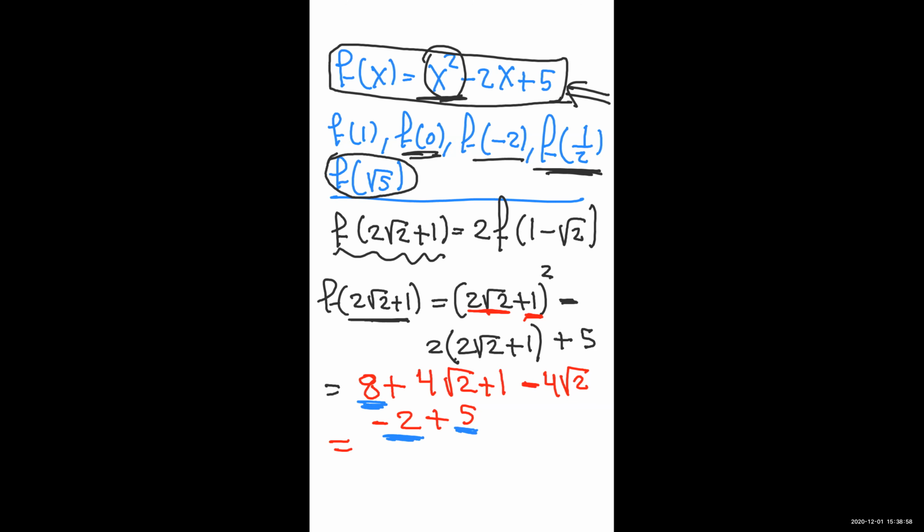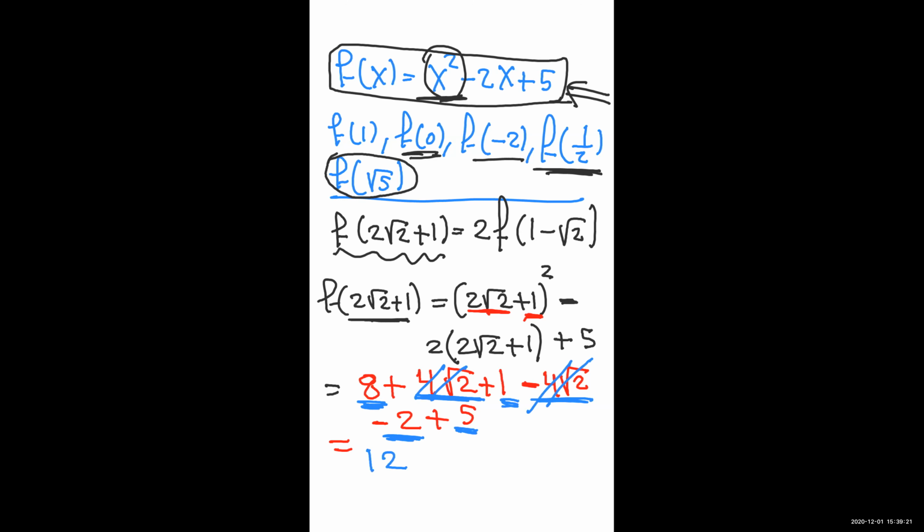So 8 minus 2 means 6. Plus 5 means it will equal 11, plus this one, so it will equal 12. So 12, and this one positive 4√2 and negative, so this means 0.